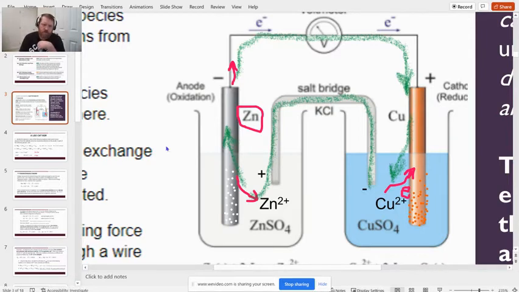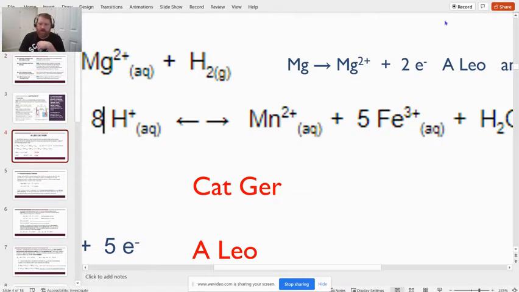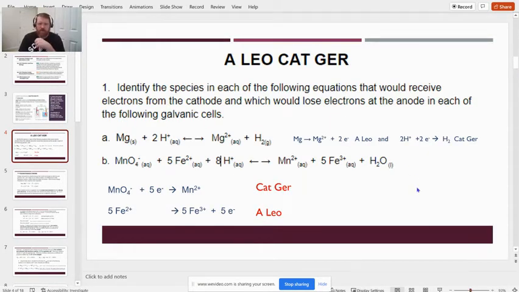So now we need to know how we know which direction the electrons are flowing. In these two reactions we have here, we are going to try to figure out who is losing electrons and who is gaining electrons. I've already got it worked out, but let's just try to remember this.